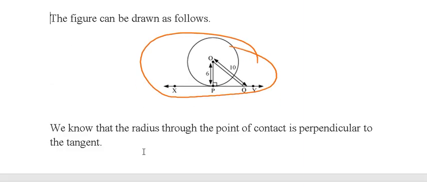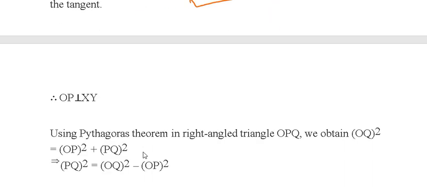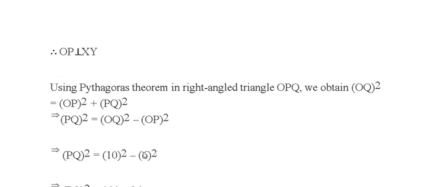We know that the radius through the point of contact is perpendicular to the tangent. This statement is required to know. Now, OP is perpendicular to XY, which is a tangent.